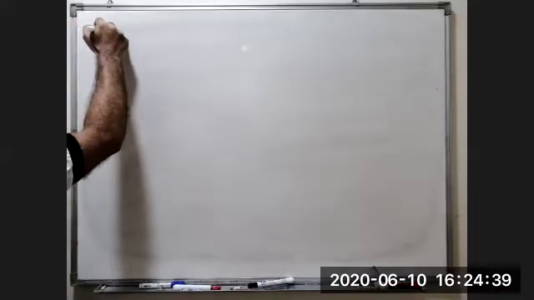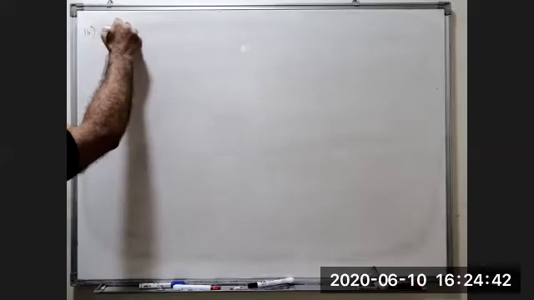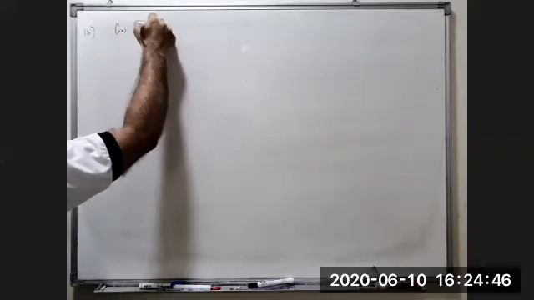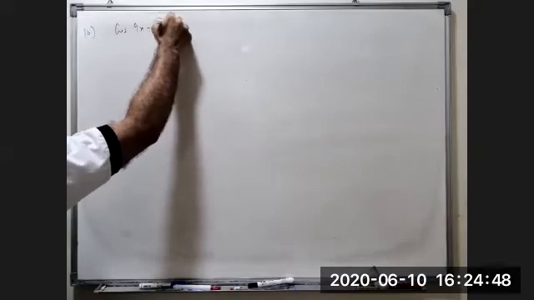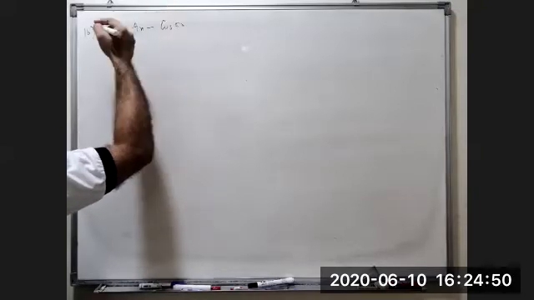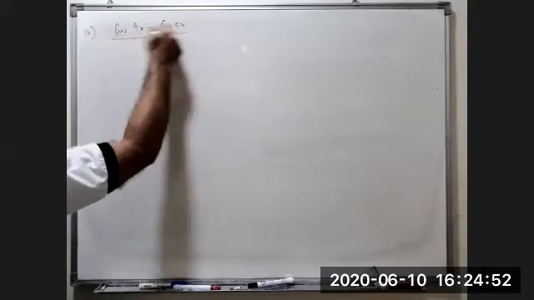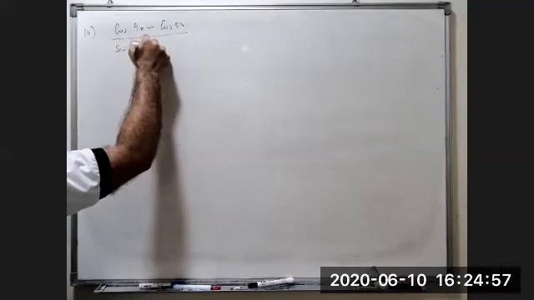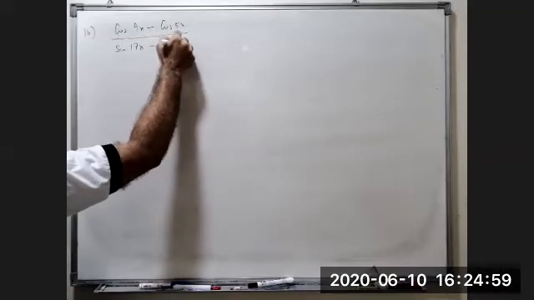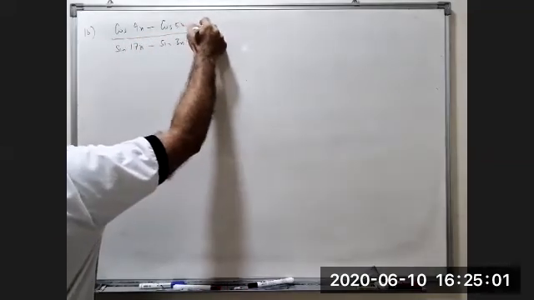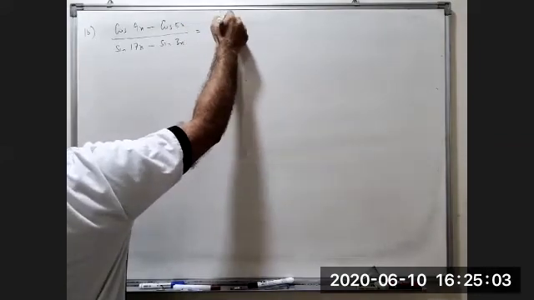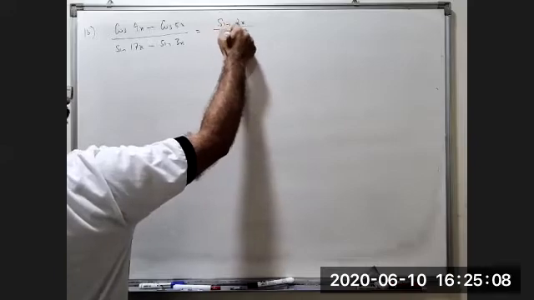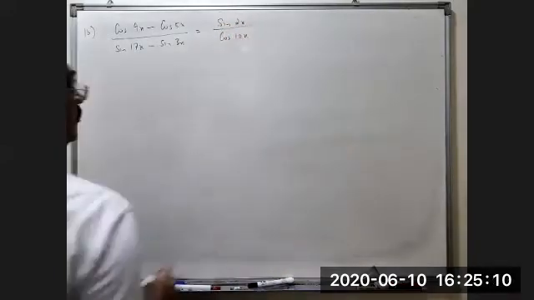The question is, again, based on this one: cos 9x minus cos 5x by sin 17x minus sin 3x is equal to sin 2x by cos 10x.